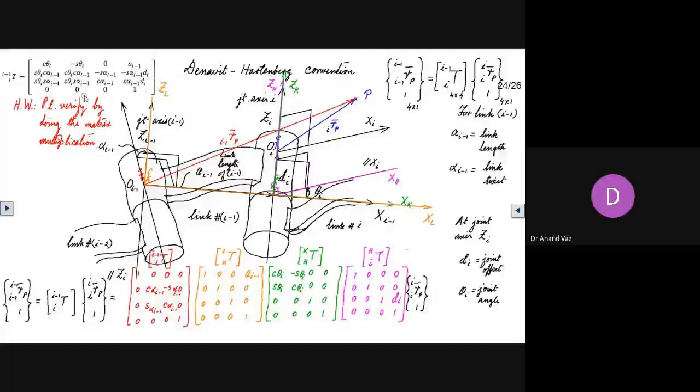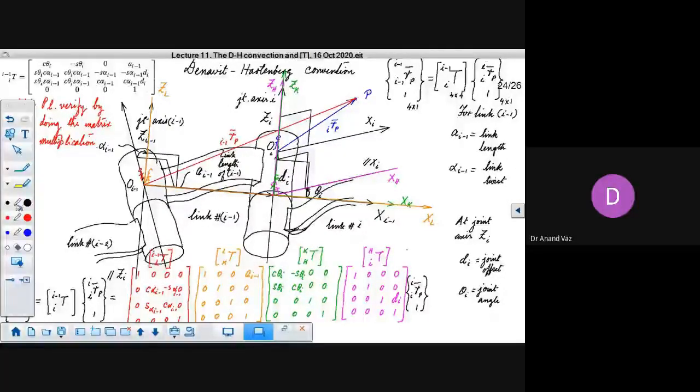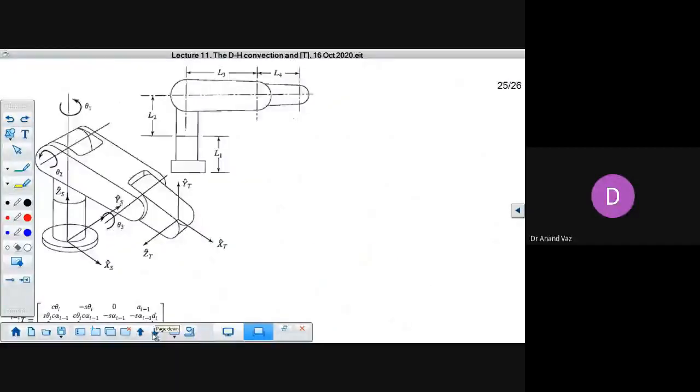We have still around 5 minutes left. I plan to take an example. We'll discuss the example today, and we'll do that example completely, possibly in the next class. I have here a manipulator which used to be very popular.